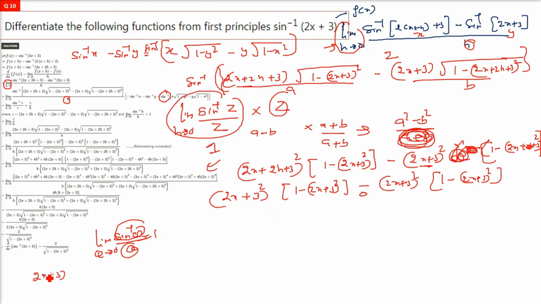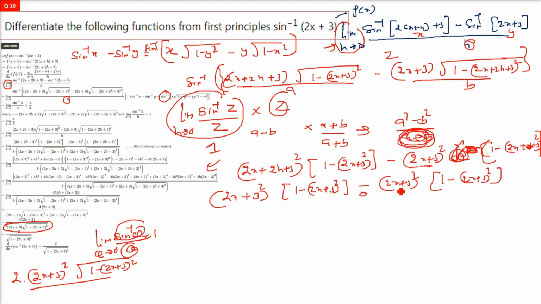A is what? 2x plus 2h plus 3, and under root 1 minus 2x plus, this is what I am writing, but this is not correct. This is incorrect. I am saying a plus b. I am writing a square plus b square. A square plus b square won't work. So that is a correction here. I'll just write a plus b.